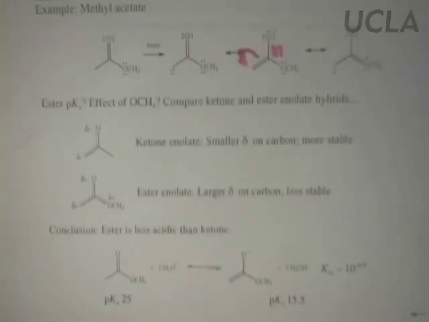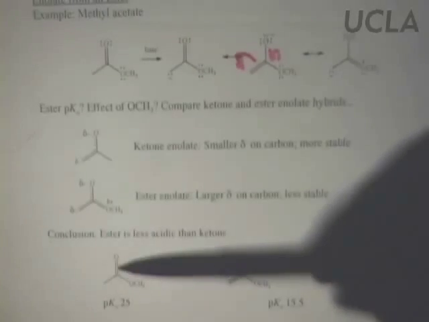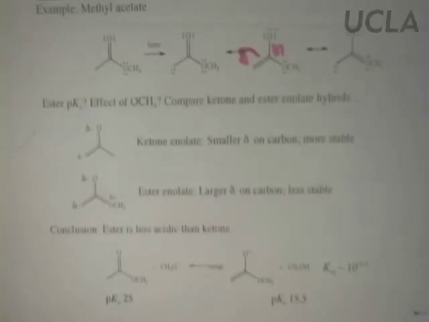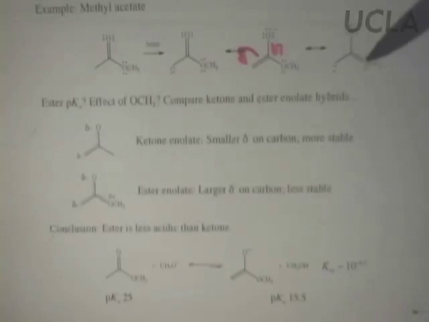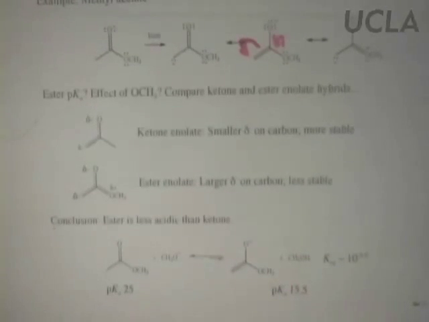And when you make the enolate less stable, what does that do to the conjugate acids, the things with a proton already on it? What does that do to the desire of that molecule to give up its proton? It says, I don't know, if you take a proton away, my enolate is less stable. The less stable enolate, less acidic carbonyl. So the net effect is that esters are less acidic than ketones because of this electron donation out here.